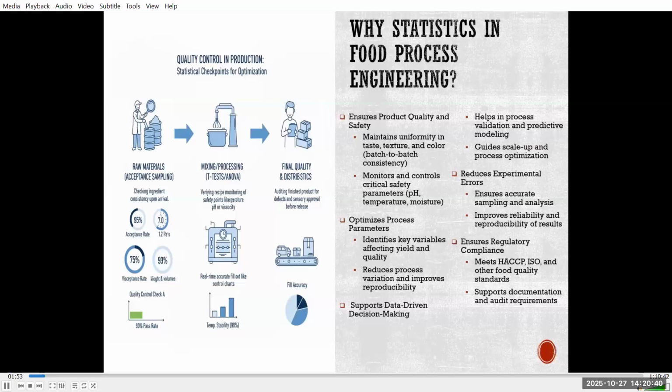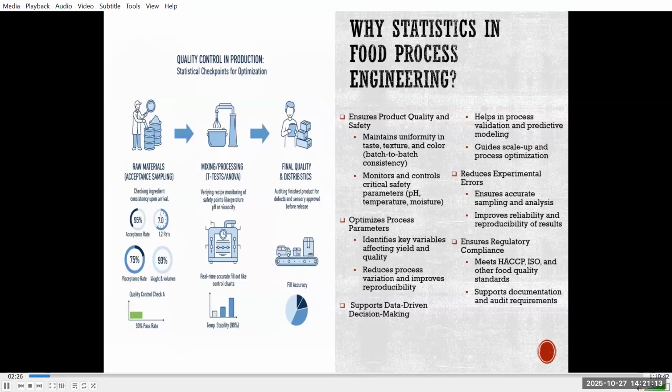Thirdly, it reduces errors. Instead of relying on guesswork, statistics give us objective results that can be trusted. Ensuring compliance is the fourth objective, as many quality systems like HACCP and ISO require statistical records for audits and certification.